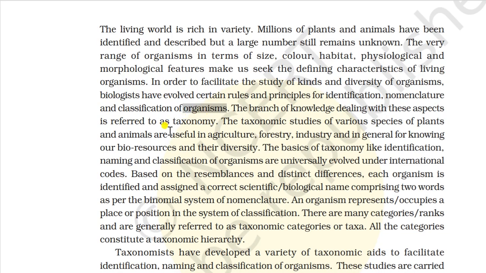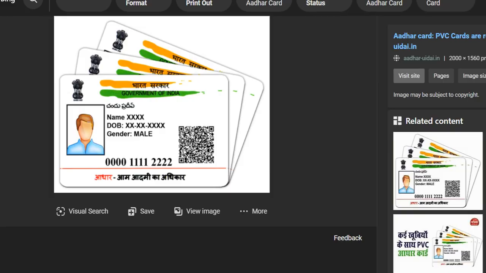So that is classification. This ID card is giving you an identity. It is giving you a name, and it is also classifying you as a male or a female. First is who are you?